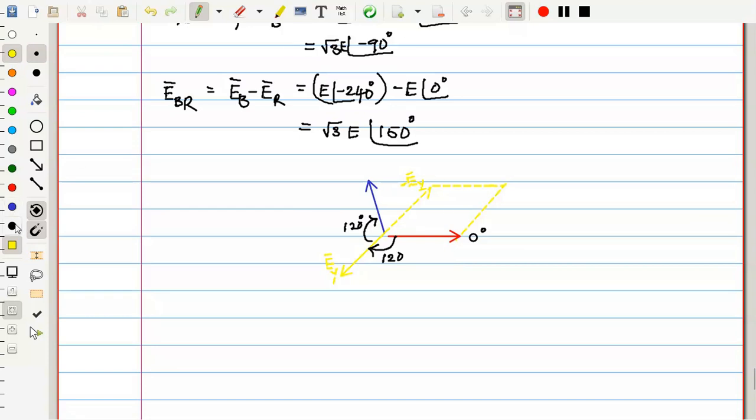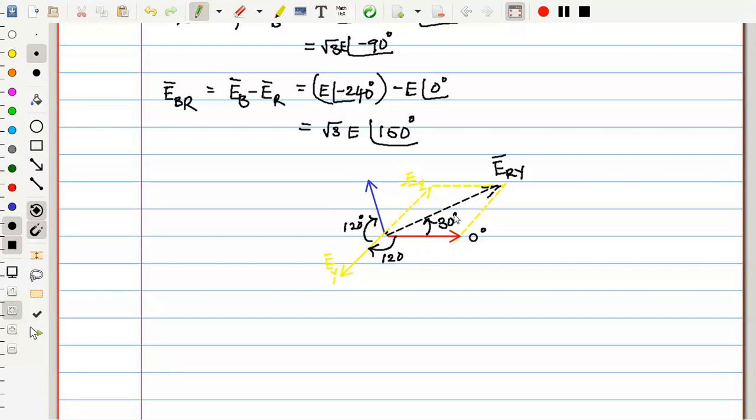The diagonal will show the resultant voltage, and this diagonal shows the ERY. Now try to see that ERY angle is 30 degrees. This is what the 30 degrees plus 30.